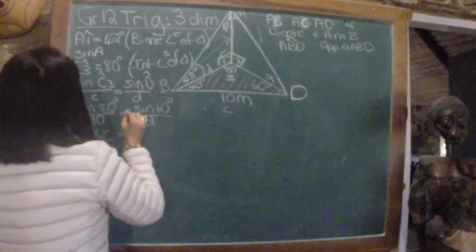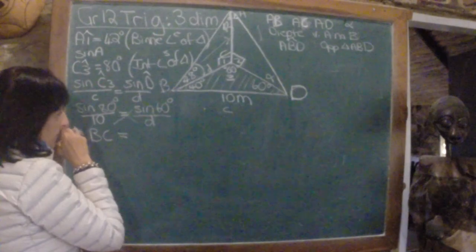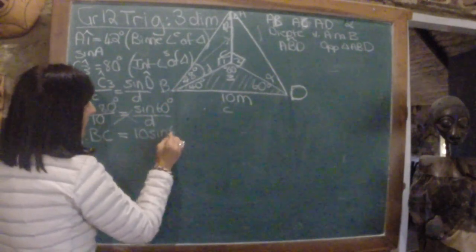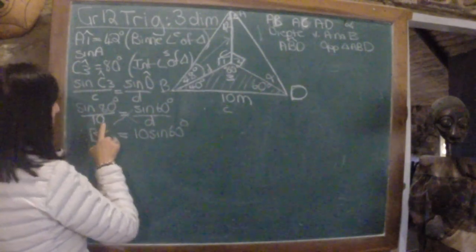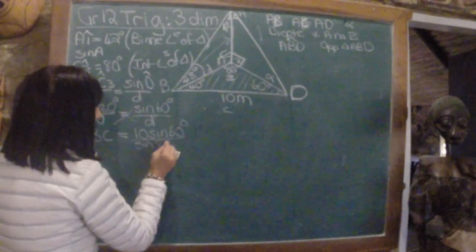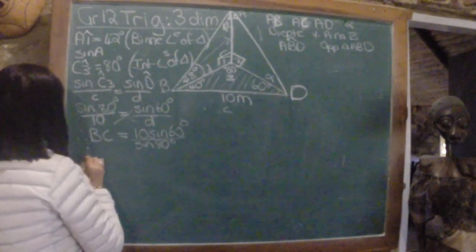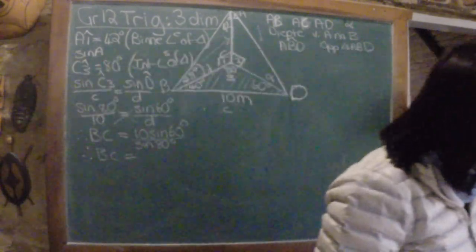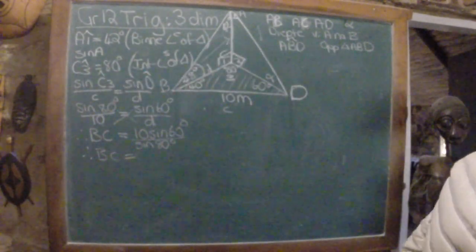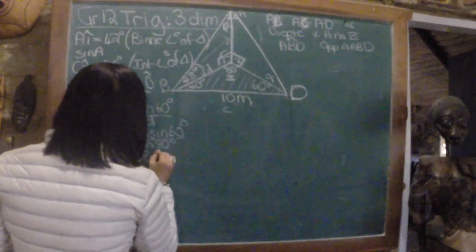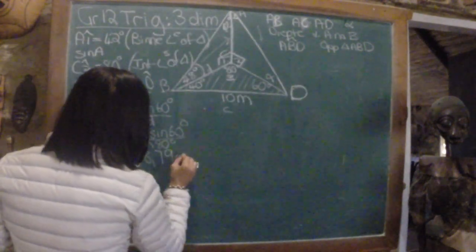As ek kruisie maal gaan doen, dan het ek 10 maal sin 60 grade gedeel deur die sin van 80 grade, en dan kry ek die lengte van BC, en die lengte van BC gaan gelyk wees aan 8,79 meter, en ek rond 2 plekke af.